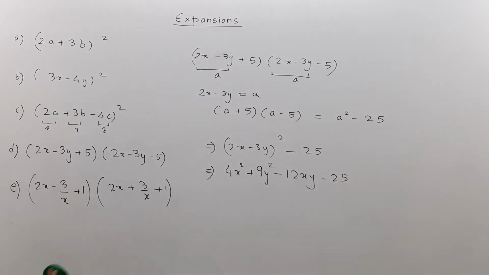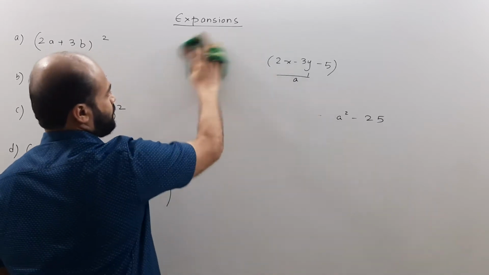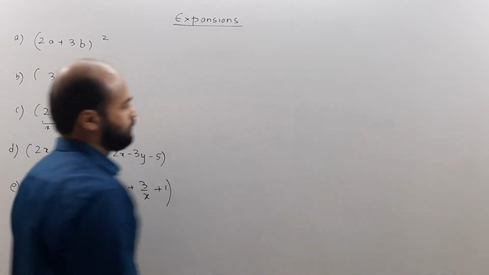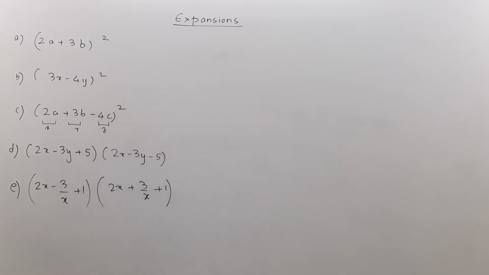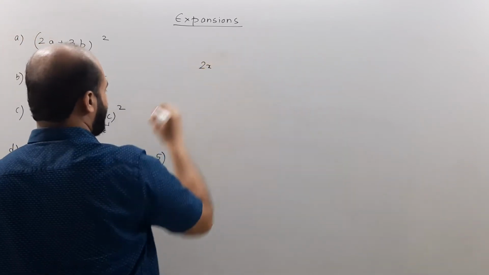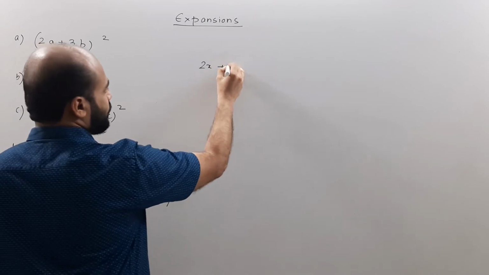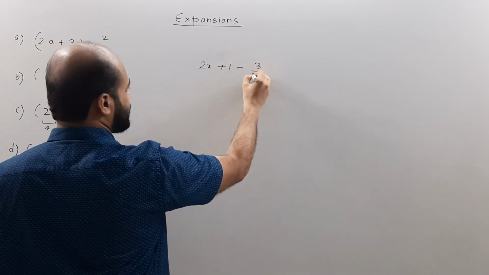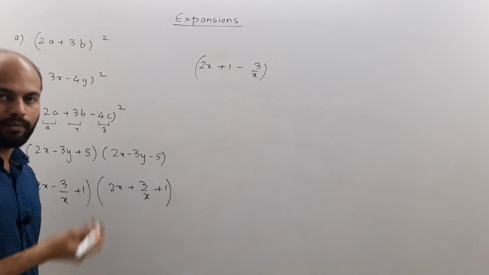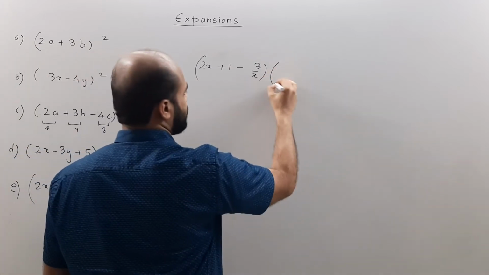Let's do the last one. So the last problem is on similar lines, that is, we can write this as (2x plus 1 minus 3 by x), and the other expression could be written as (2x plus 1 plus 3 by x).